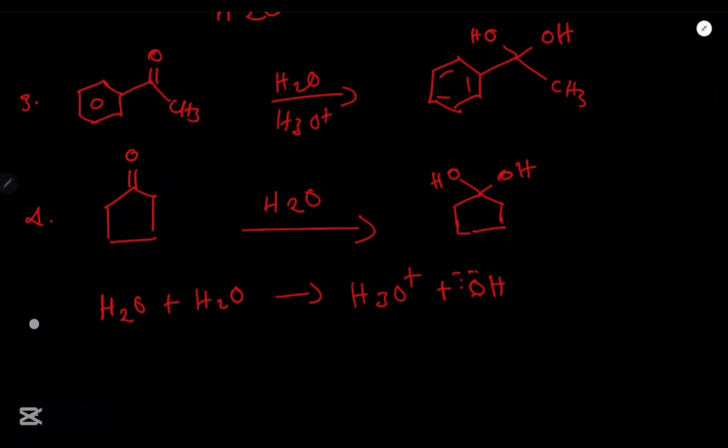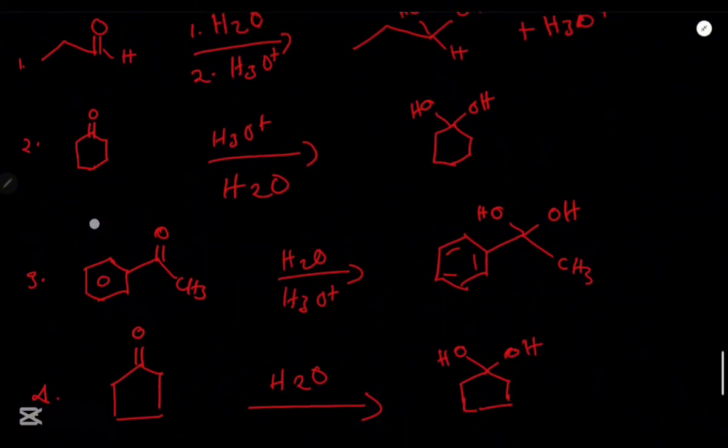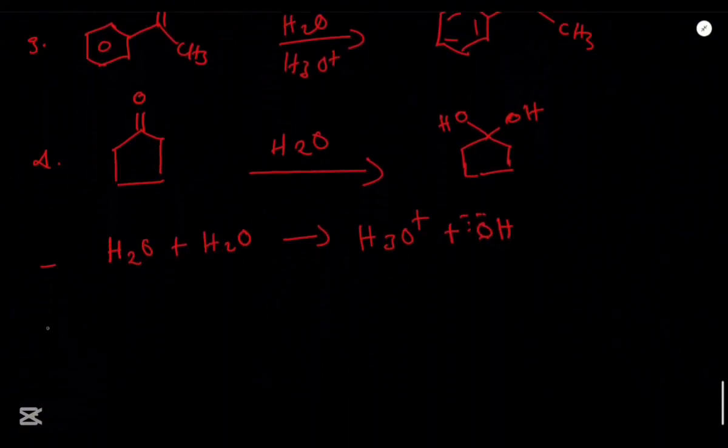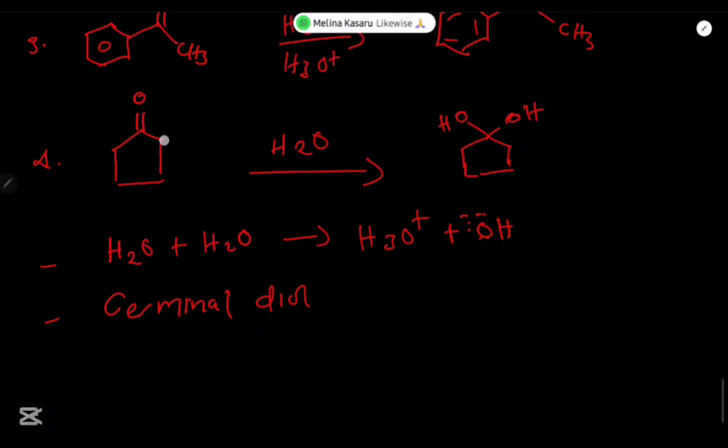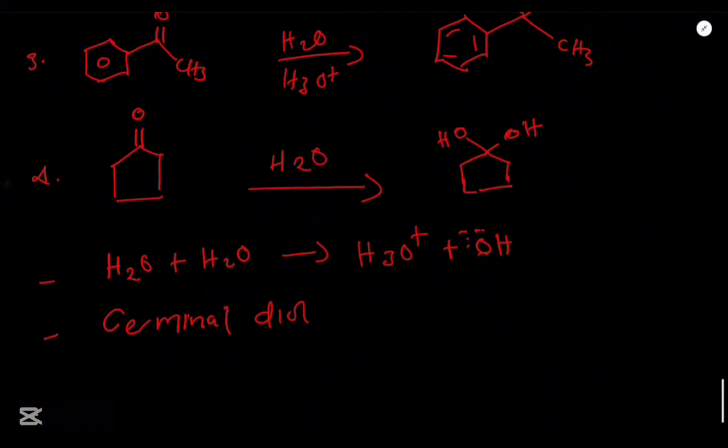So what are the key important things that we have observed in all these reactions? The second one is that there is formation of geminodiol. Meaning two OH group are connected on the same carbon.